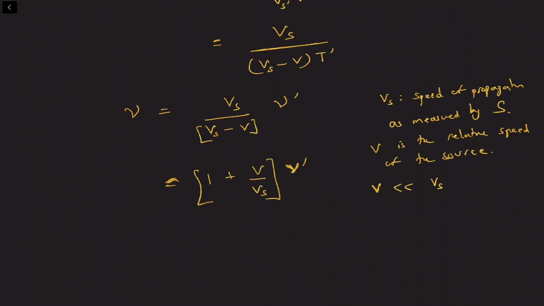So in this limit, the shift in frequency, that is the change in frequency, would just be equal to V over Vs times nu prime. Okay.